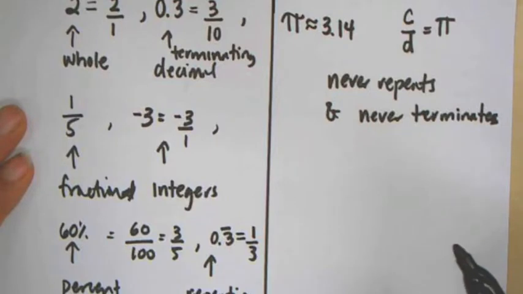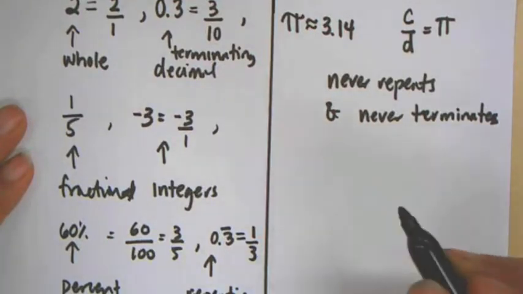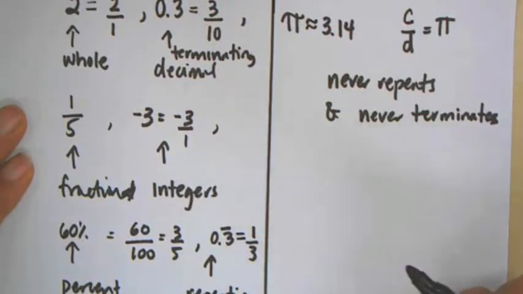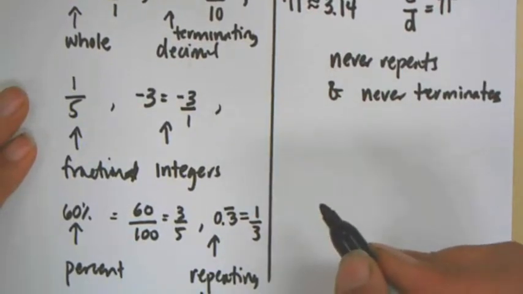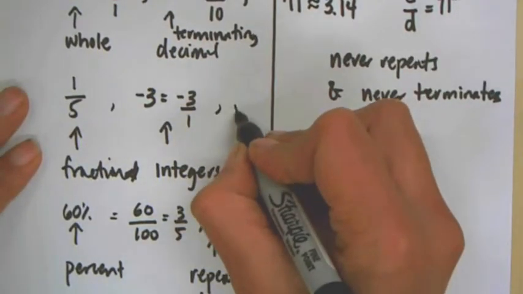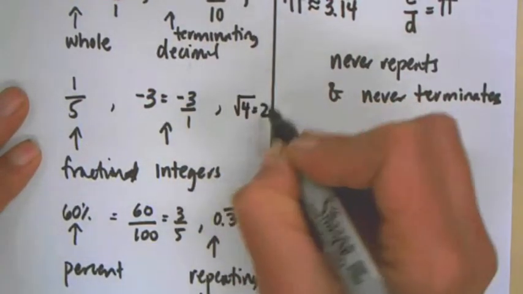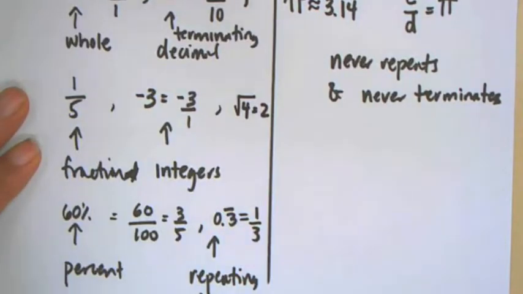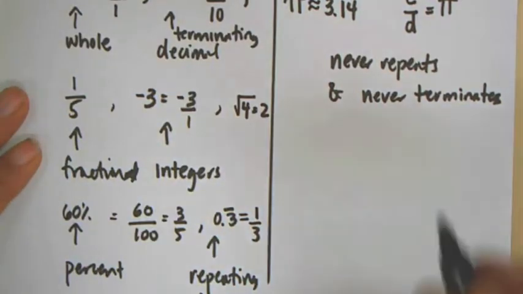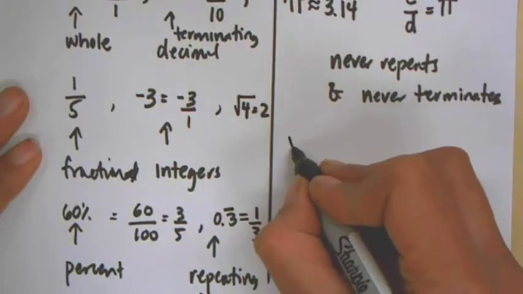Now, there are a couple of other numbers that also do this. There are some more that you'll learn when you get into higher level math, but for right now, some that do this are square roots. There are some square roots that will be rational. For example, the square root of 4 is 2, and we know that 2 can be written as a ratio.